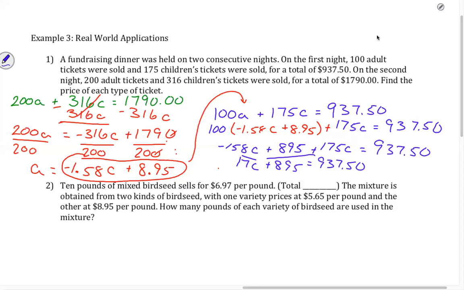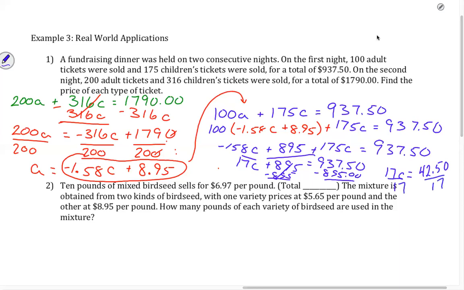Now I'm going to subtract that 895 off. That's going to give me 17C equals 42.50. I was surprised I got that. And then divide by 17.